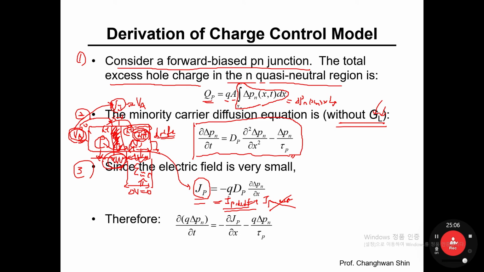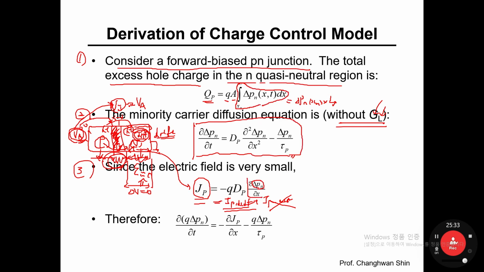Previously we learned the hole concentration, and the concentration gradient is necessary to form the diffusion current.